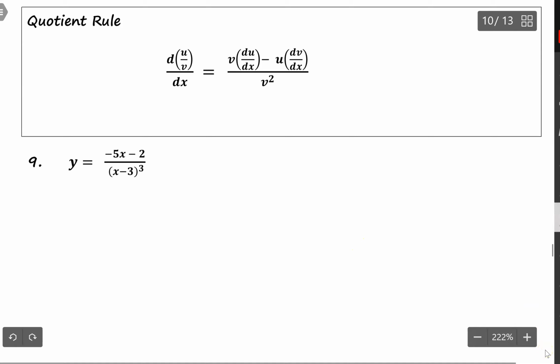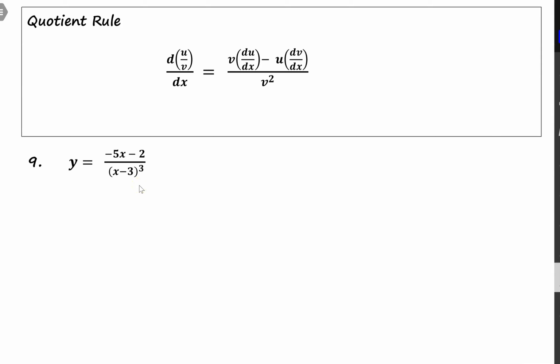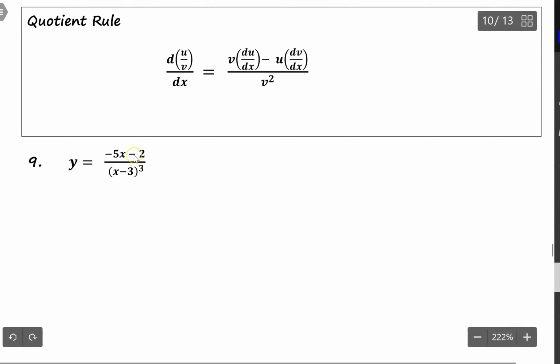In working with the quotient rule, your numerator is always u and your denominator is always v. You cannot be flexible here to define whatever as u and whatever as v, as in the product rule that we did in the previous video. The quotient rule is restricted: u has to be the numerator and v the denominator.